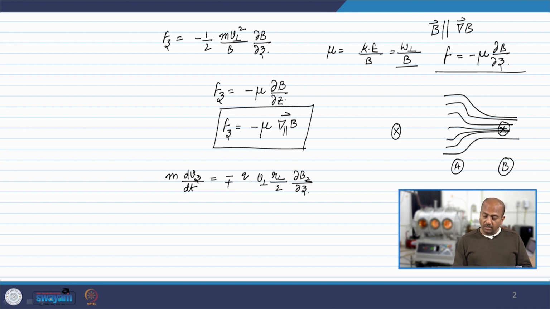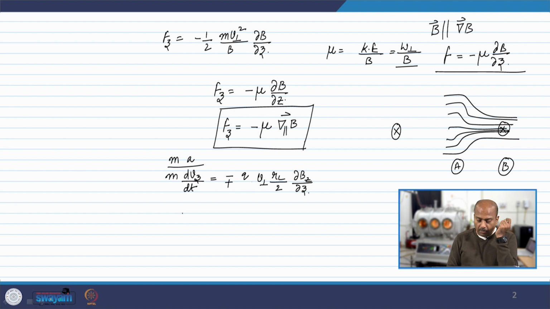After simplifying this, we got this expression Fz, but I am writing it for a purpose. So, m dVz by dt, the z component of F, is equal to ma, right, mass times the acceleration. Acceleration is nothing but the rate of change of velocity, is minus plus q by m v perpendicular RL by 2 dou Bz by dou z. That means the particles of different charges will have different directions as per this formula, right.